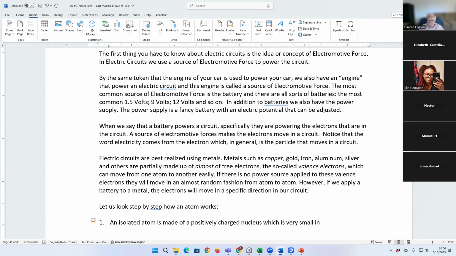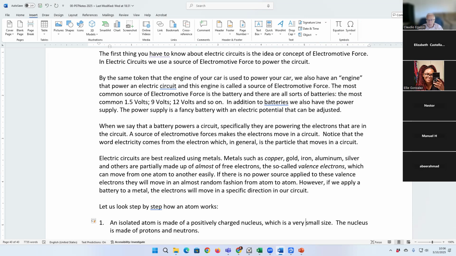The nucleus is made of protons and neutrons.